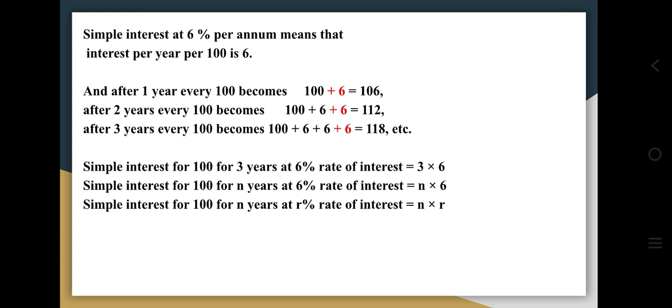First, we understand the concept of simple interest. What does it mean that simple interest rate is 6% per annum?